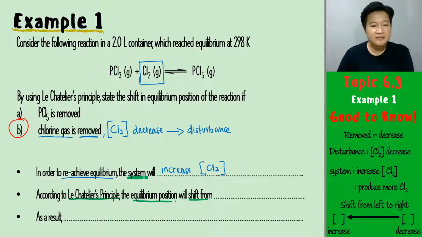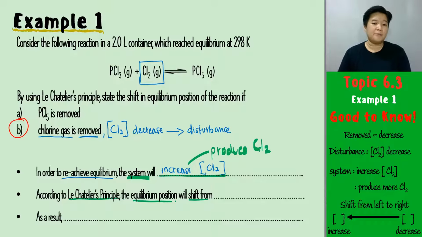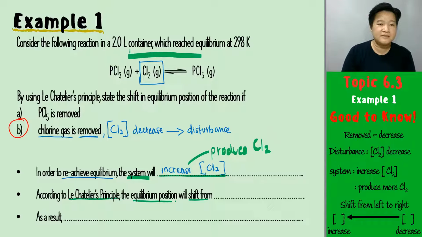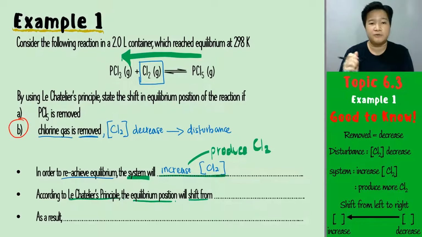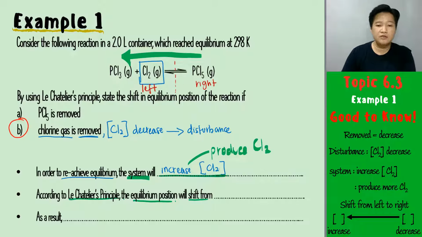Since the system wants to increase the Cl2, that means we need to produce more Cl2. And how can I produce Cl2? Simple. We are moving towards Cl2. Can you see that? Produce more Cl2 or moving to Cl2 means we will be shifting from the right over here to the left. Agree? So we are shifting from the right to the left.